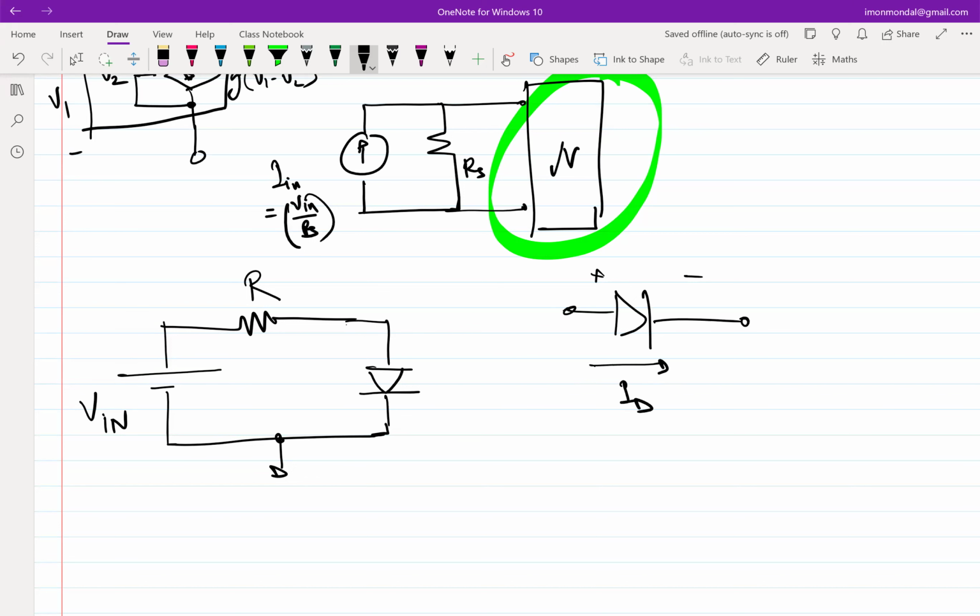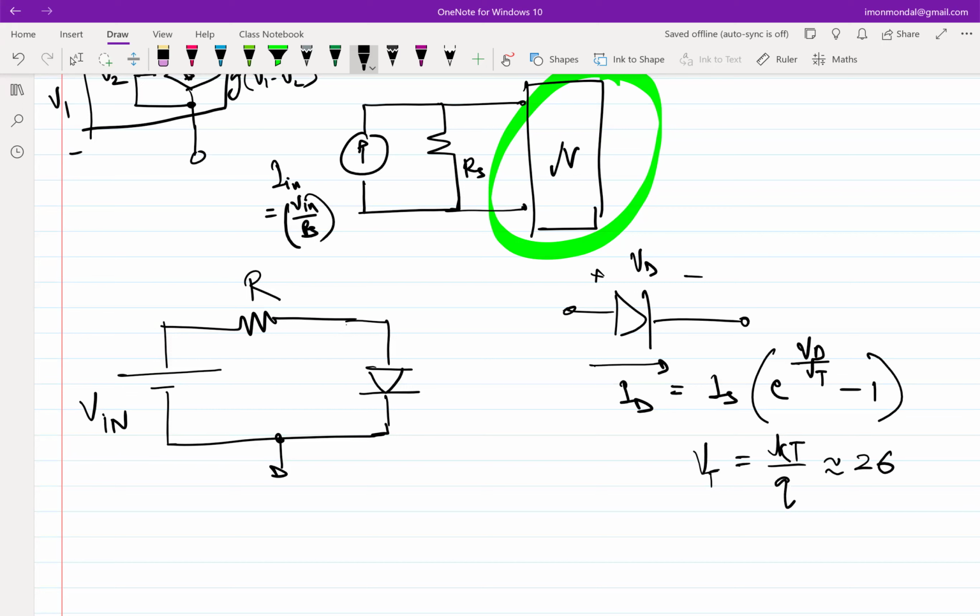So this I_D is I_S e to the power of V_D over V thermal minus 1, where V_D is the voltage across the diode and the thermal voltage is kT over q, which is approximately 26 millivolt at room temperature.